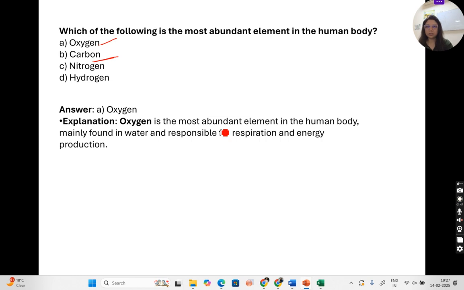Oxygen is the most abundant element in the human body because it is mainly found in water, is responsible for respiration, and is involved in energy production. This is not carbon.